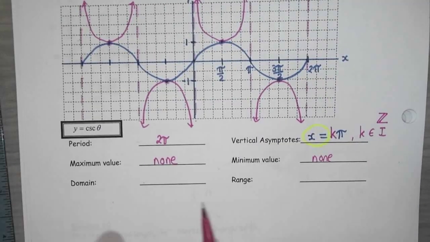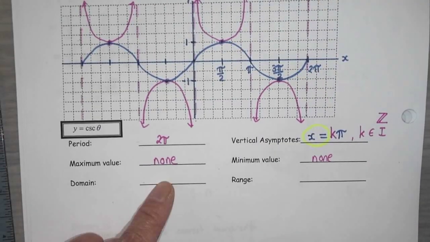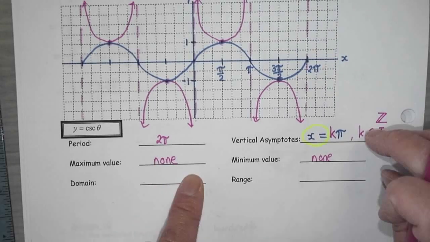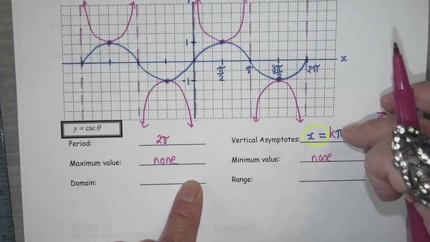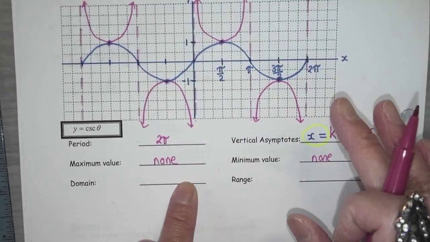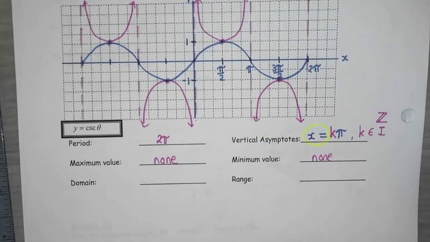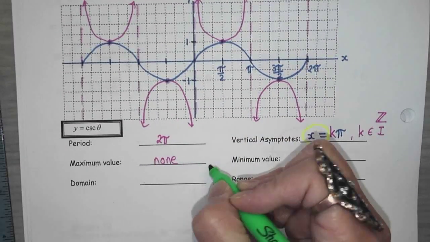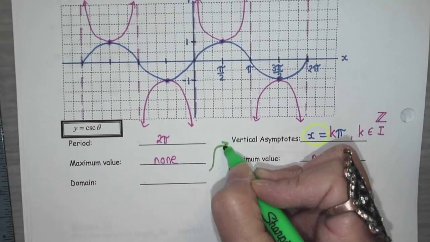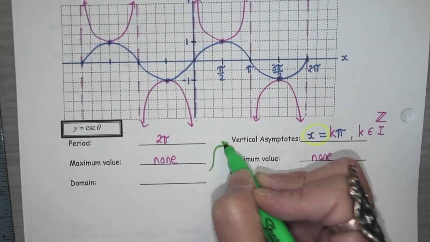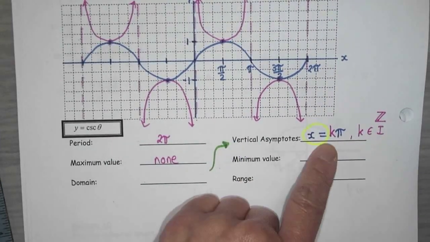The domain. Remember, from our graphing that we did before, the domain is always related to the asymptotes and holes. There's no holes, so it's related to this. So the domain always has to look back to any asymptotes. So look here, and you're going to say it never equals there.